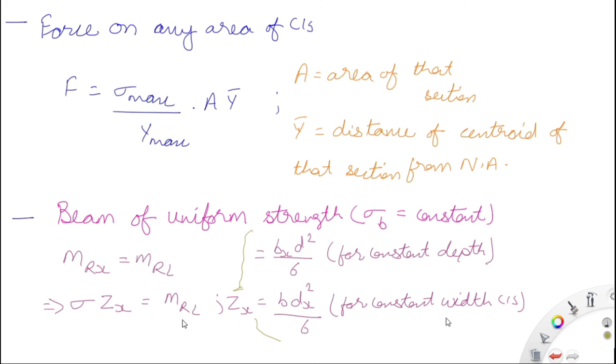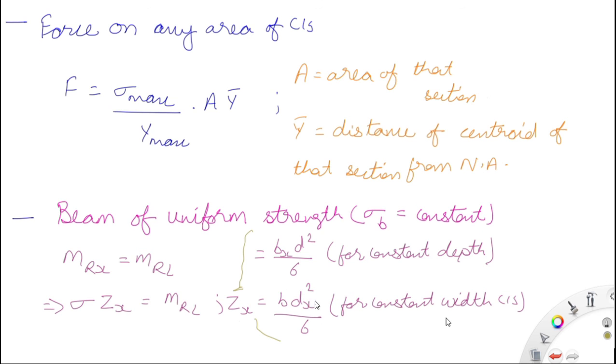Now Zx is equal to bx into d square by 6 for a rectangular cross section. Suppose this is a rectangular cross section. So bx d square by 6 for a constant depth rectangular cross section, and b into dx square by 6 for a constant width cross section. Okay, the depth is constant, the width is constant, hence b is there, and d is varying here.